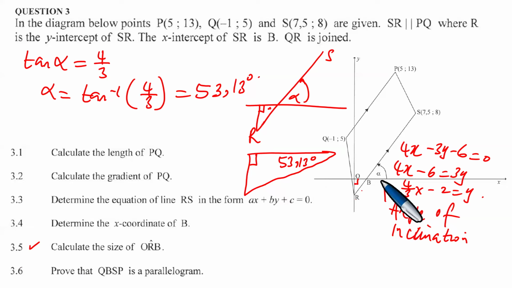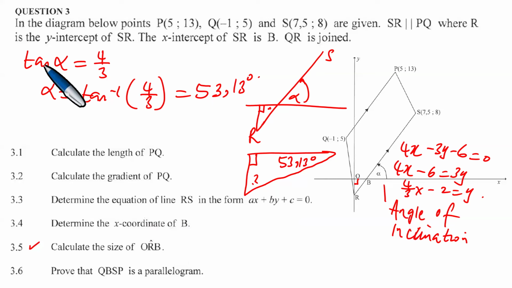So I want to find the angle ORB, this unknown angle here. And we are able to make the following inferences. First things first, we see that this is the angle OBR.